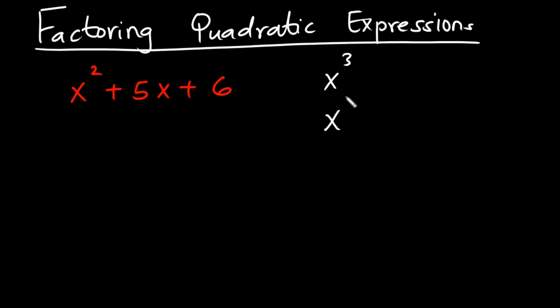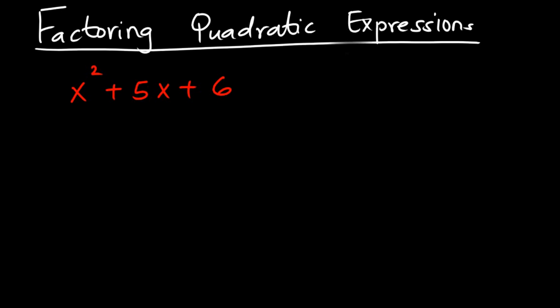Then we also have the case where the highest power of x is 1. That is known as a linear equation, and we have done some linear equations in the past. So in this video, we are going to talk about how to factor quadratic expressions.